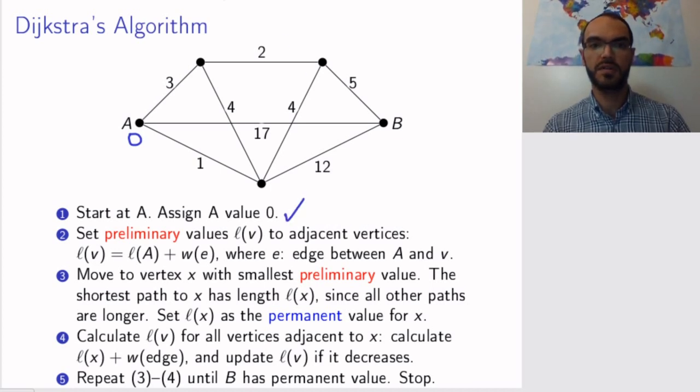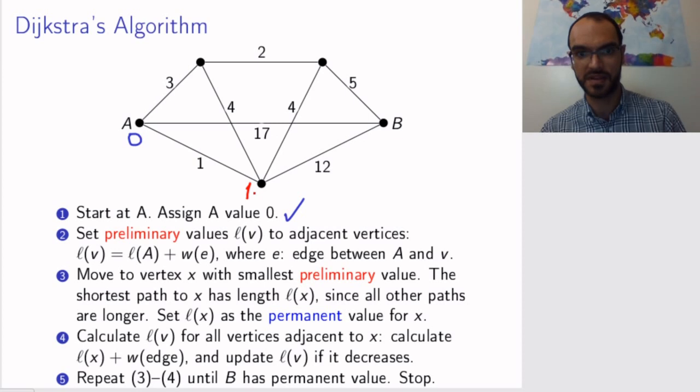Now we go to all the vertices that are adjacent to A, and we assign to them the value of the length of the path from A to these vertices that only uses one edge, because they are adjacent. So from A to this vertex, if we go straight, this will cost us 1 unit or take 1 hour or be 1 kilometer long, depending on what this represents. I will call this the length.